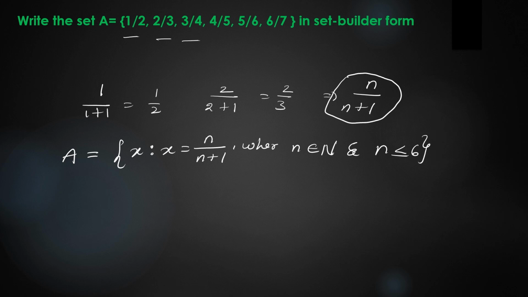It should not exceed 7 because they have given up to 6 by 7. If you substitute n as 6, you'll get 6 by 6 plus 1, which is 6 by 7. This is the way you have to solve the problems.